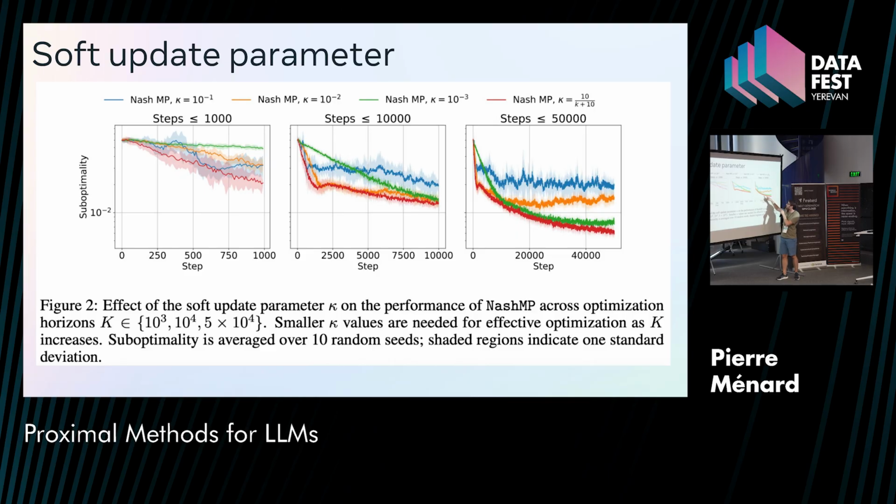So as you can see here with the green curve, it takes a lot of time to kick up, but you will go further. Whereas if you use a more aggressive one, you will maybe be better at the beginning, but you will get stuck because the approximation is not good at the end of the training where you need something finer. And what worked well is just something adaptive. So you start with a very aggressive update, and then you slow it down.